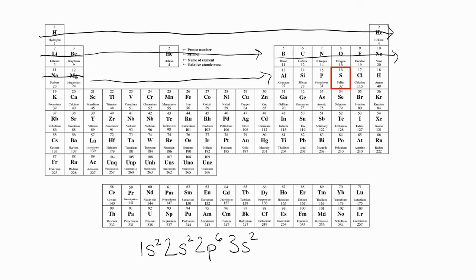So we're going to say 3p is where we're at, and we want to say 3p1, 3p2, 3p3, and 3p4 is where we finish. So 3p4. And if you add up these electrons, if you wanted to double check your work, 4 plus 2 plus 6 plus 2 plus 2 is going to give us 16, which is the number of protons that sulfur has, and therefore also the number of electrons that sulfur has.